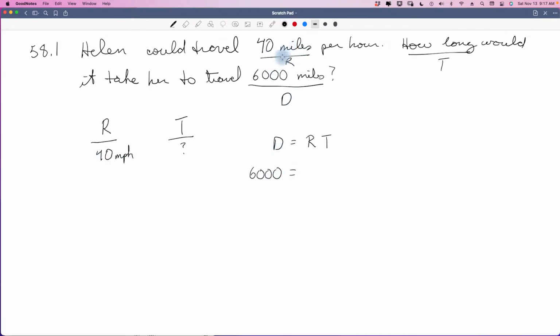Right here in the problem, it said what the rate was. So 40 right here. We don't know what the time is. How long? That's what it's asking us. So we have to do some math to figure that out. We know that any whole number in front of a variable, and even though it's a capital letter, it's still a variable.